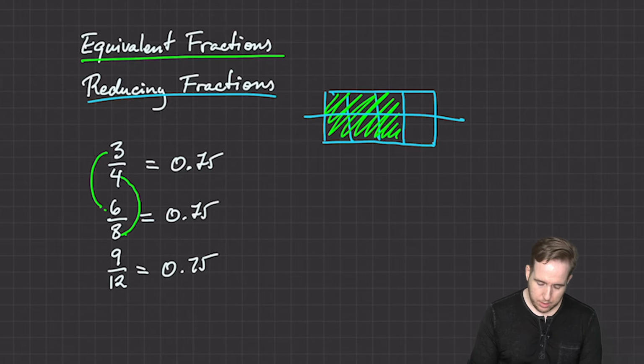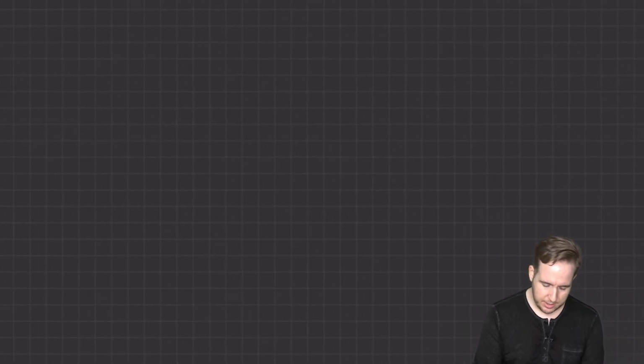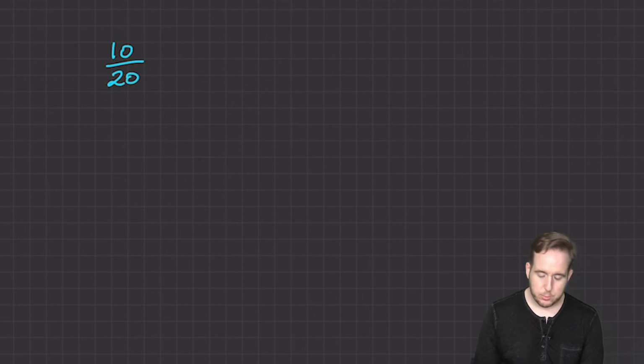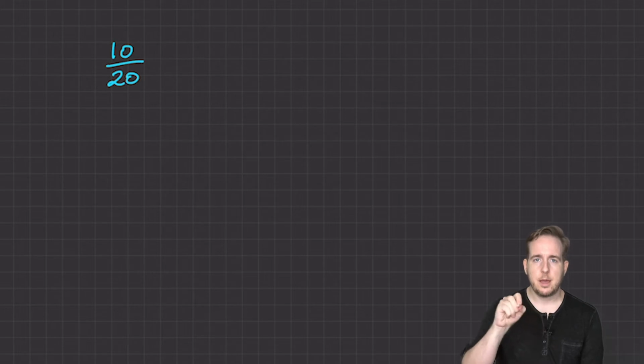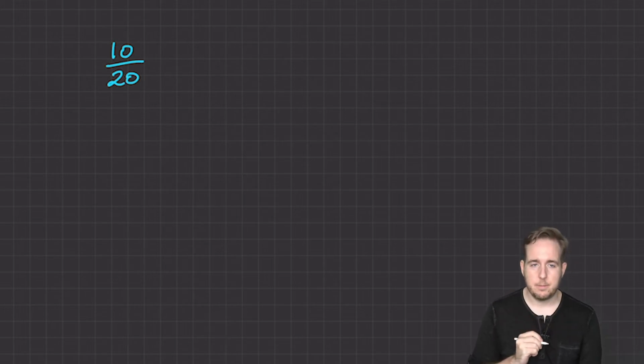Now, the process of going up is not all that useful. The process of going down is extremely useful. So let's say that I have 10 over 20. What I would want to do is look for a number that divides both of them. So in this case, it's obvious they both divide by 10. And just like I'm allowed to multiply both the top and the bottom by the same number, I'm allowed to divide both the top and the bottom by the same number.